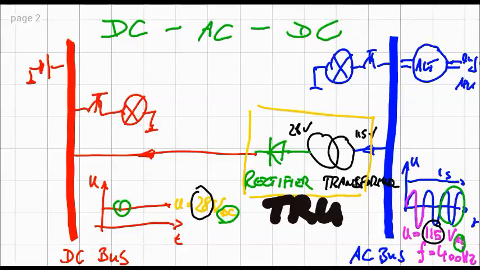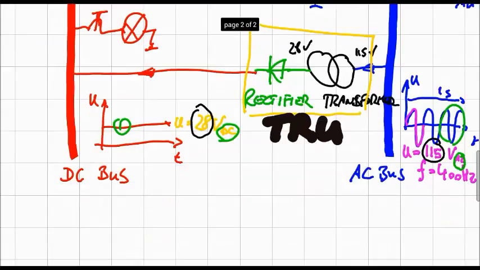Okay, now it seems advisable to do the same the other way around. And the other way around would basically involve that we take the electricity from the DC bus. So let's extend my DC bus a bit.